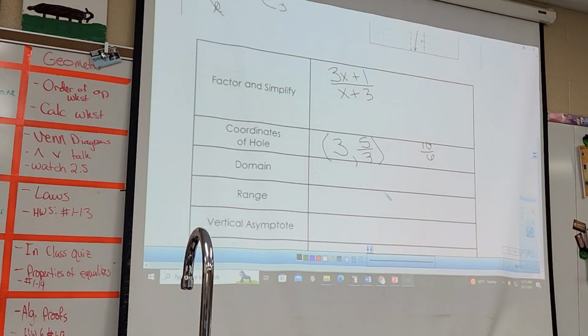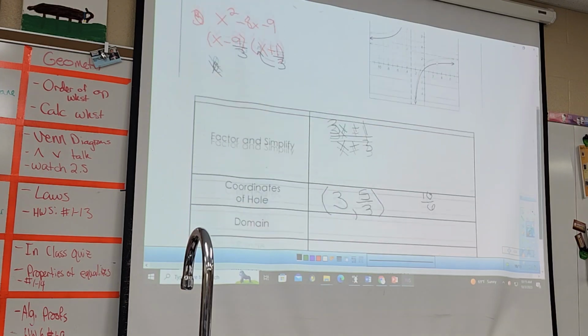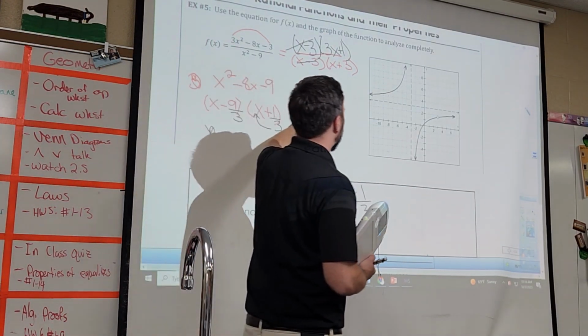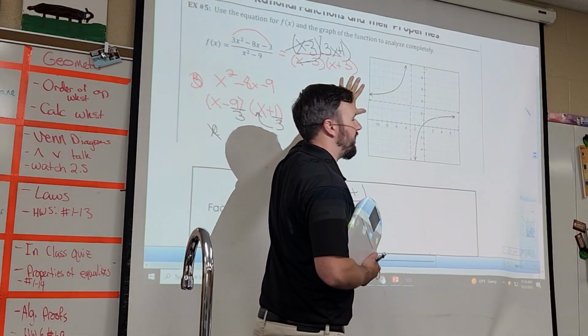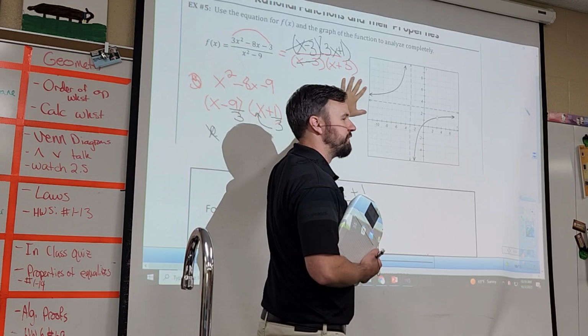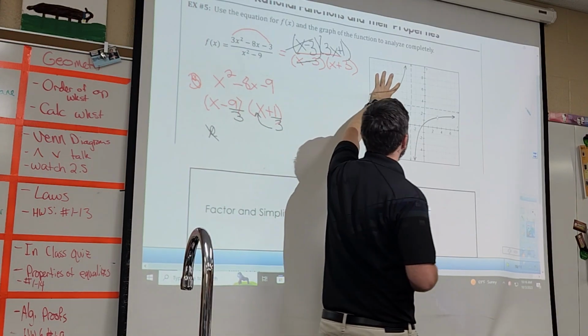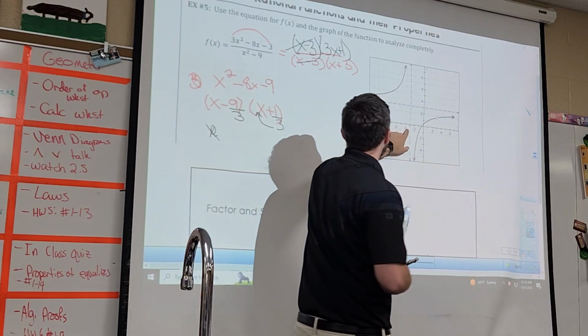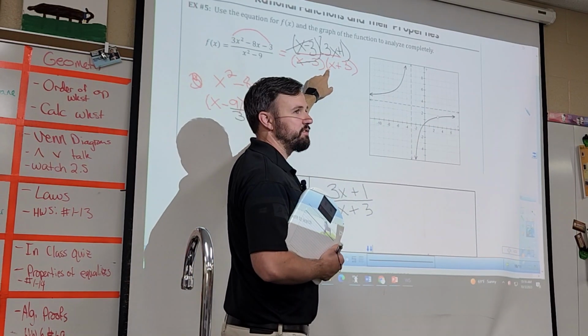Now, based on this graph, just by looking at it, what's my domain? Is there anything restricting me plugging anything over here to my equation? When's my first restriction? At the asymptote at -3. Does that make sense based on this?